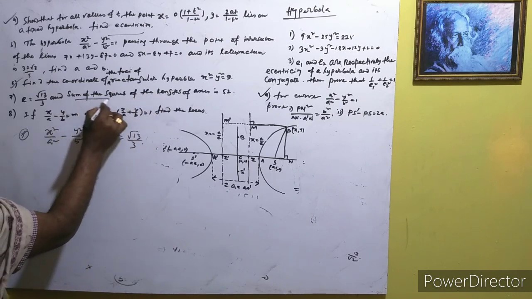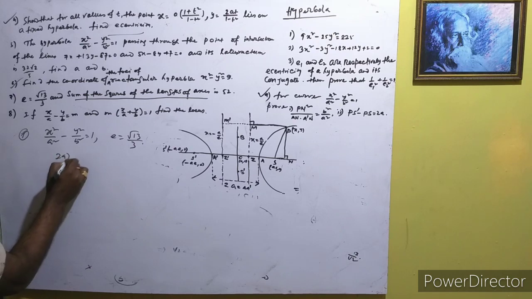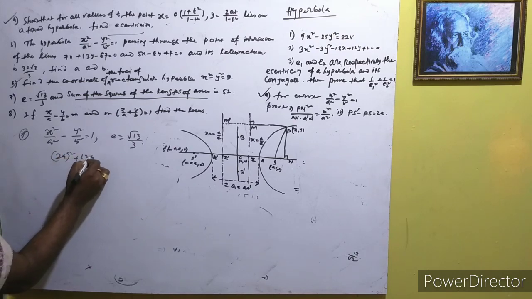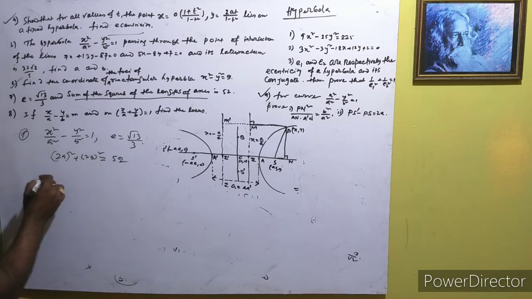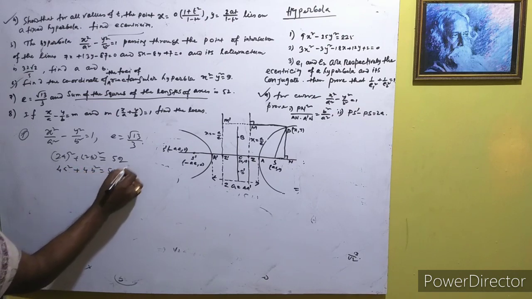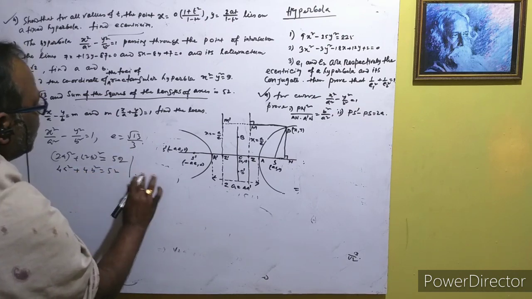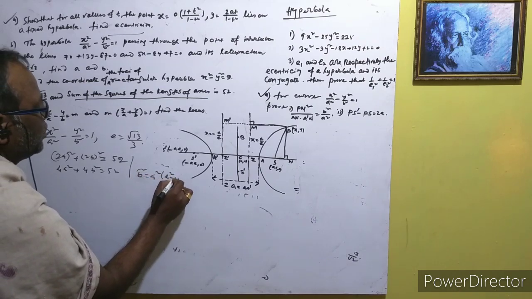And the sum of the squares of the lengths of the axes. We know the axes are 2a and 2b. It is given that the sum of squares is 25. So this is 4a square plus 4b square equals 25. And here b square equals a square into e square minus 1.